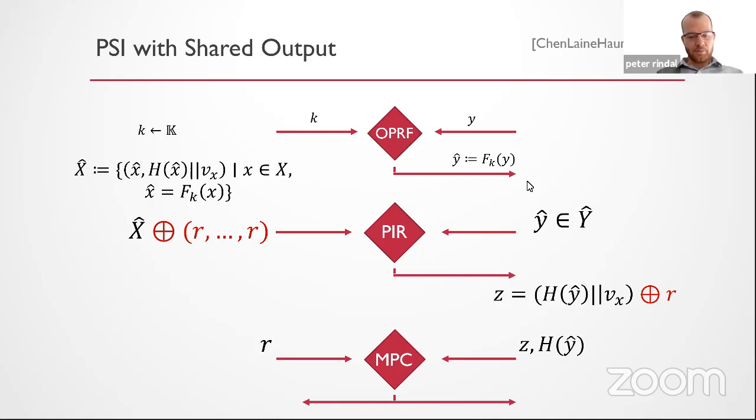And in some sort of secondary MPC, you can check whether the hashes match and then recover the corresponding value. And so this way, instead of computing the intersection, you can compute the sum of the values in the intersection, or something like that. And moreover, the communication complexity is still proportional to the small set times the size of the large set. And so this sort of gets us our wide range of applications that we could then run.